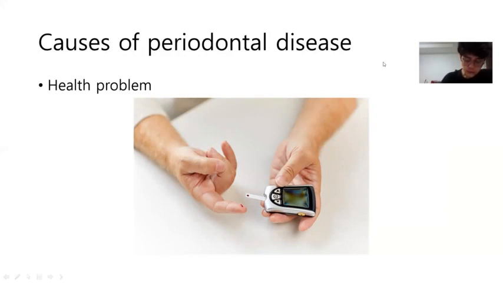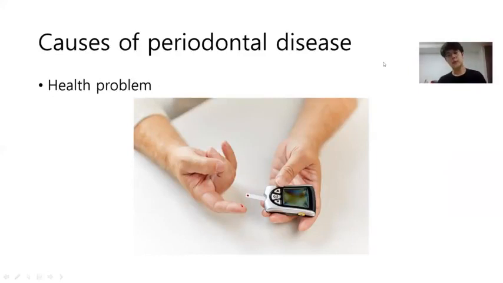And the genetic abnormalities are likely to cause immunity to become more excessive and develop symptoms rapidly. So a genetic problem is a cause of periodontal disease too. And some patients are from the same families. Some patients who have this kind of genetic problem are from the same family. So it has been confirmed that there is a possibility of inheritance.